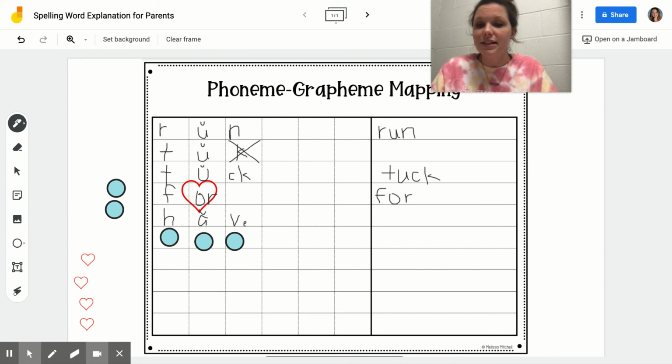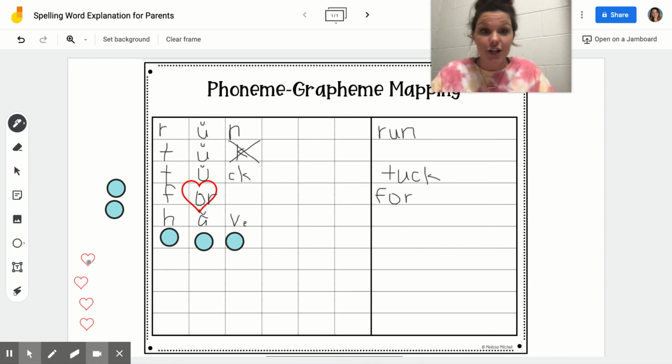So this one is tricky. There is no word in the English language that ends in V. So we put the silent E after that, and that's why we have it little down here. And that's what makes it tricky, because the H is saying the sound we expect, the A is saying the sound we expect, and the V is saying the sound we expect.